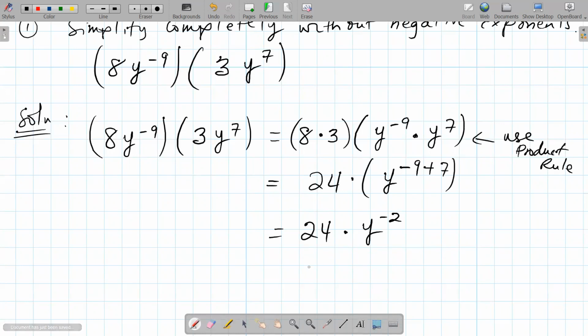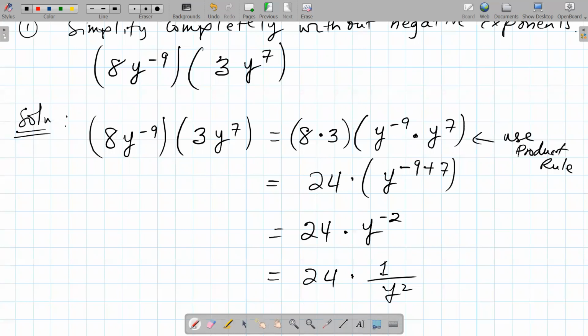Now, we don't need any negative exponents. And so this is where we have to use the negative exponent rule. We want to change this from negative 2 to positive 2. And that means that by using the rule, this is going to be 24 times 1 over y squared.